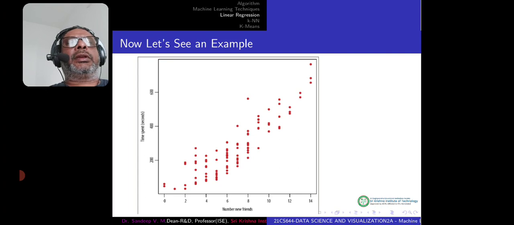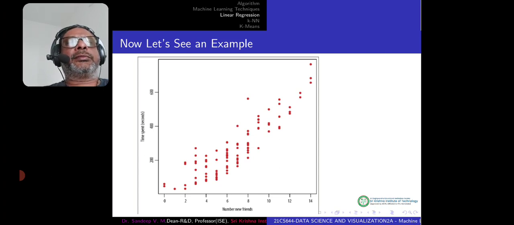So let's see an example here. As you can see, there are some dots on the screen. The x-axis talks about the number of new friends, and the y-axis talks about the time spent in seconds or something.